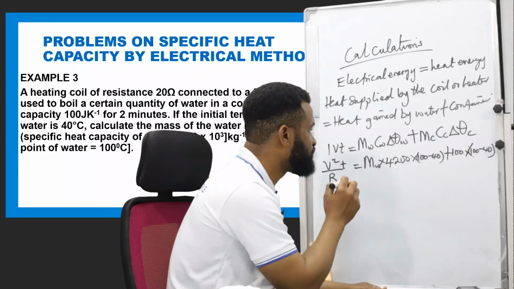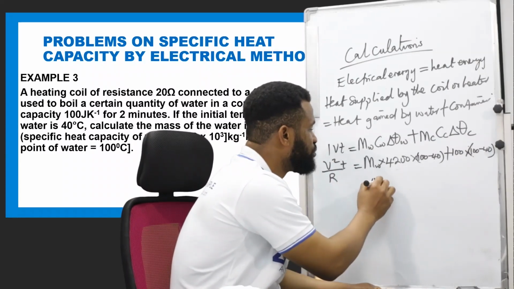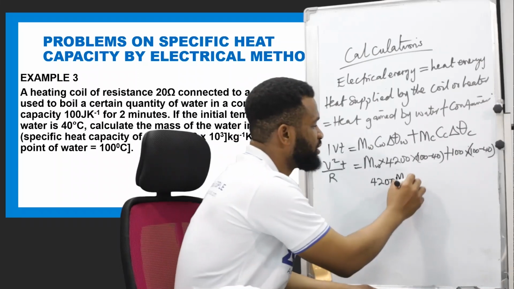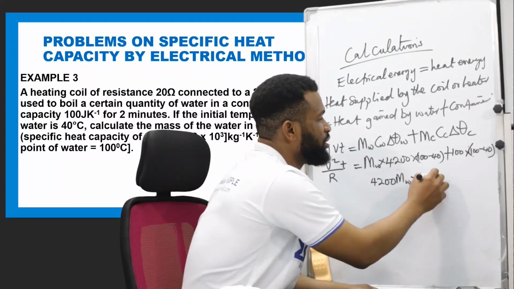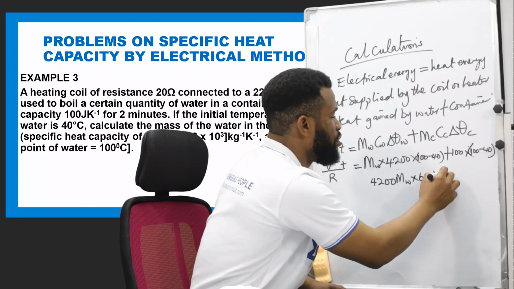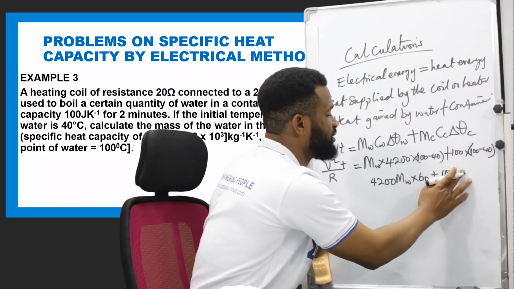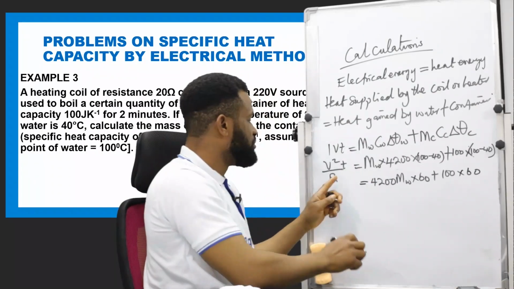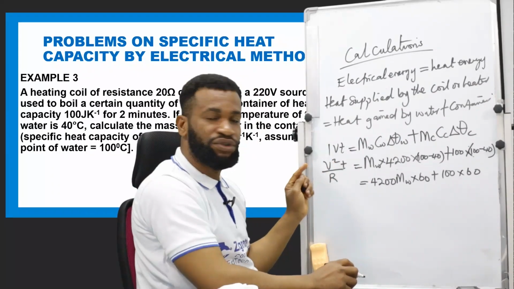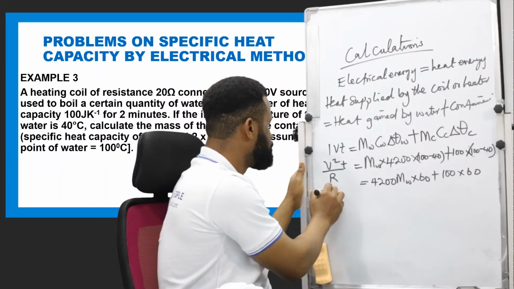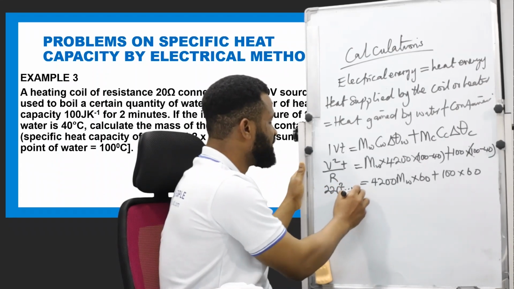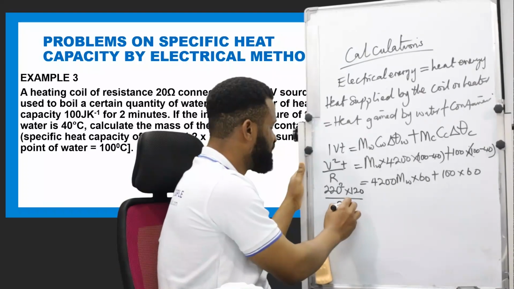And I'm going to have 4200 M_W, this is the mass of the water, times 60, plus 100 times 60, is going to be equal to, remember that the voltage is 220, so I'm going to have 220 squared times 120 all over 20.